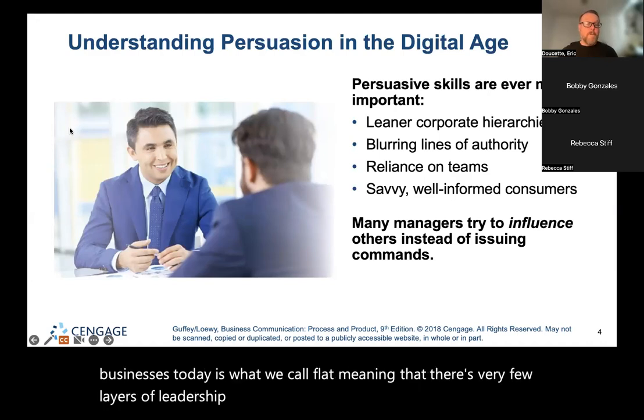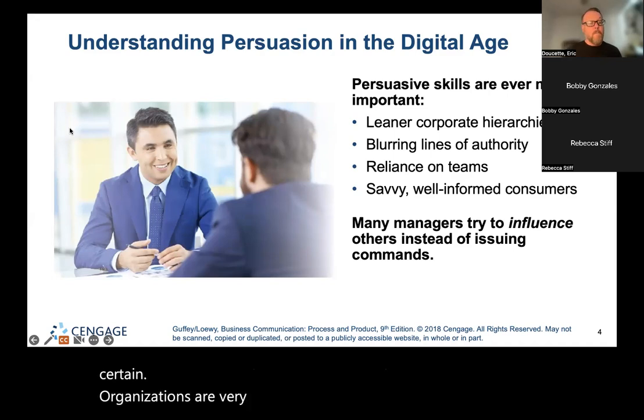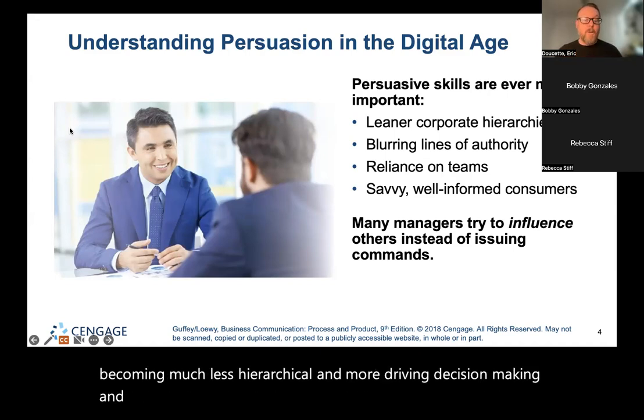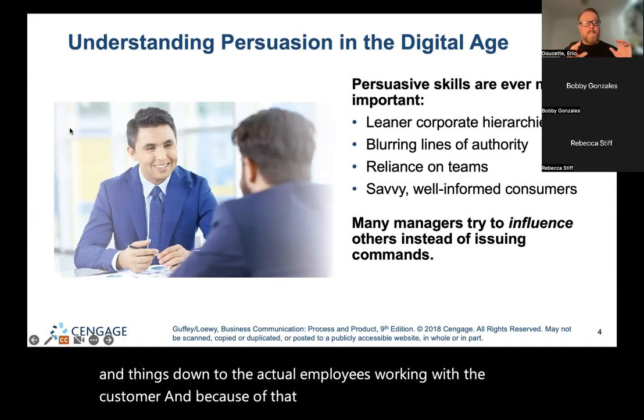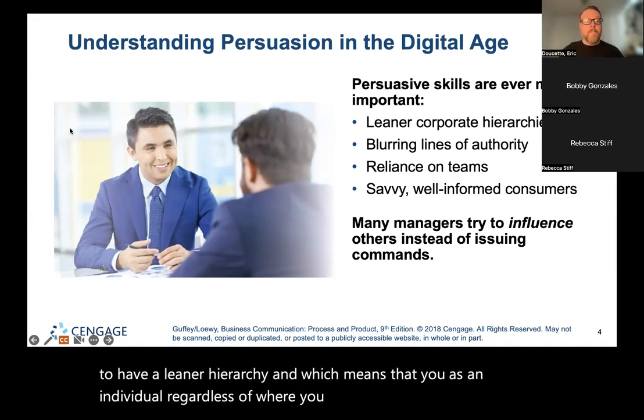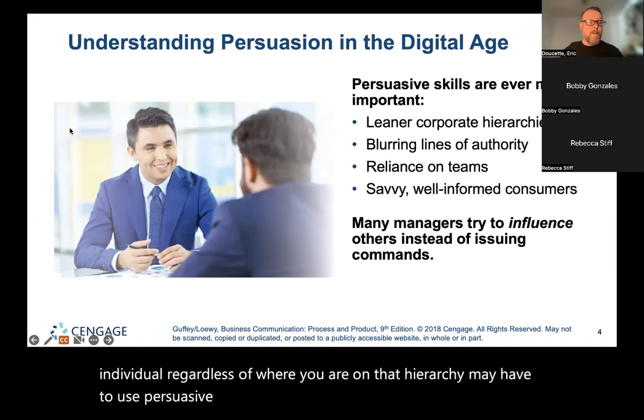But it depends, if you're in the military or certain organizations are very hierarchical, but more and more becoming much less hierarchical and more driving decision making and things down to the actual employees working with the customer. And because of that, that causes the organization to have a leaner hierarchy, which means that you as an individual, regardless of where you are on that hierarchy, may have to use persuasive skills much more effectively.